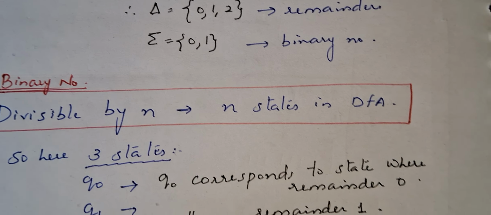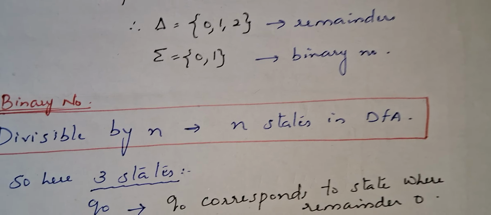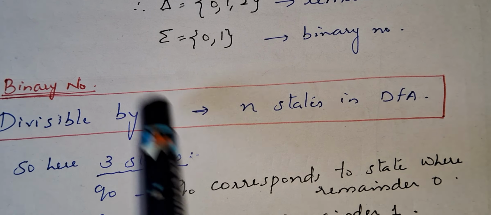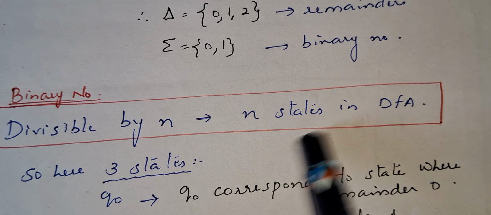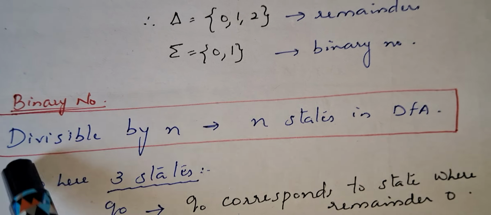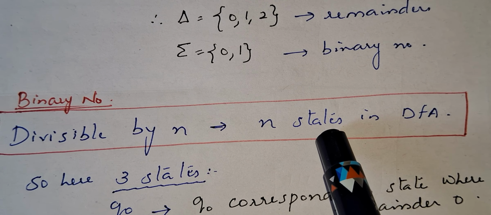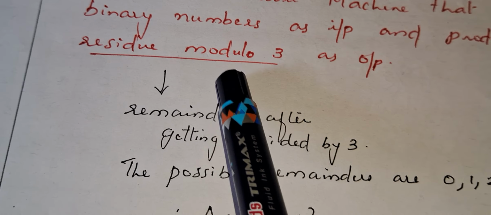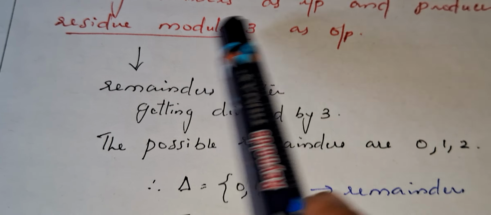If you get a problem about binary numbers and you are asked to draw a deterministic finite automata, then if it is divisible by n, you should have n states in the DFA. If it is divisible by 2 there will be only 2 states. Here it is residue modulo 3. Mod n means n states. So modulo 3 means 3 states.